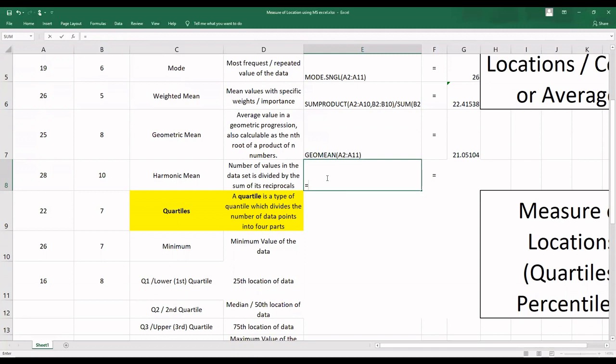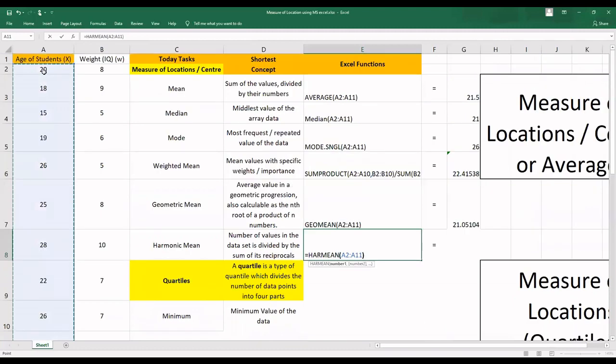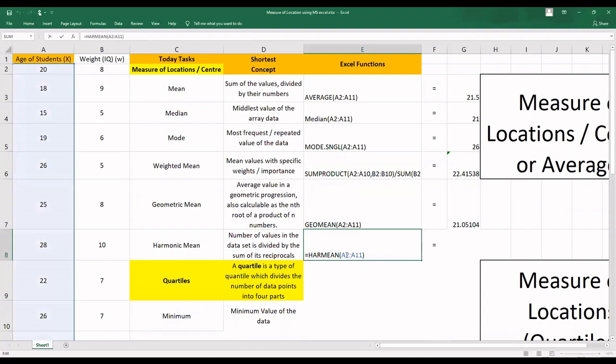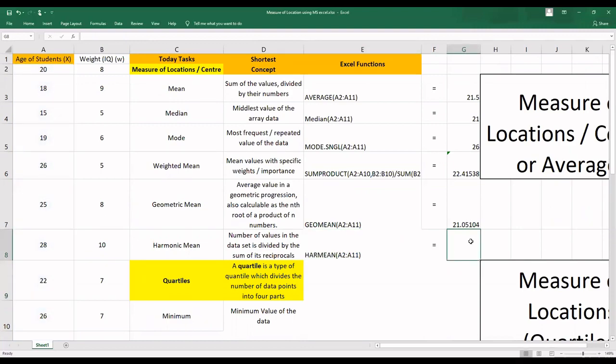So the harmonic mean formula is equal, harm mean, and you just select the values or original data, and you just enter and you will get the answer. You can see that the value is there.